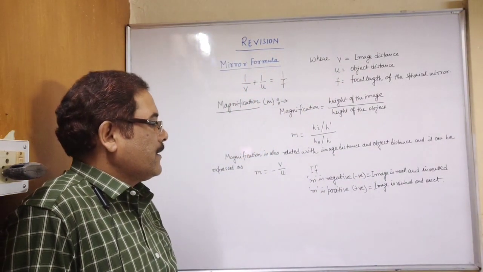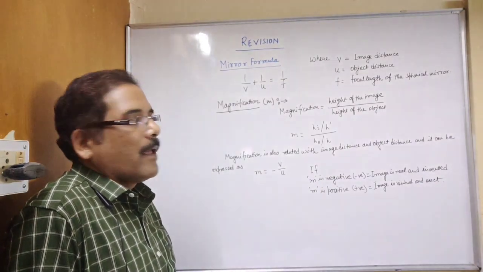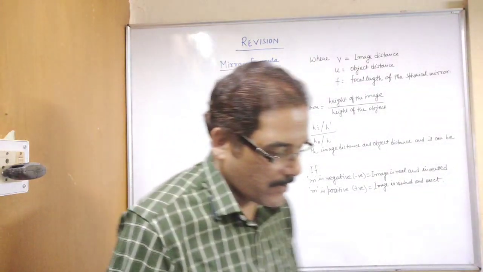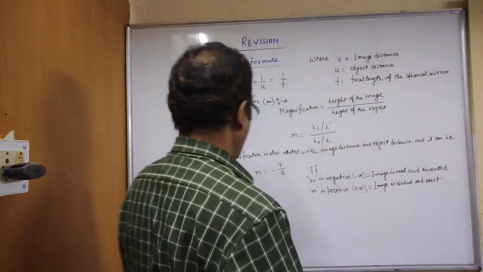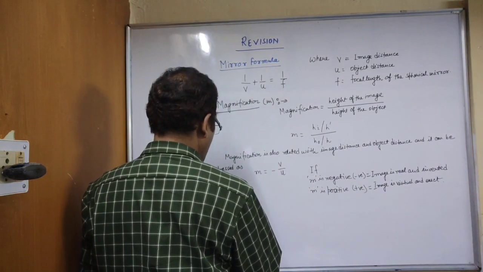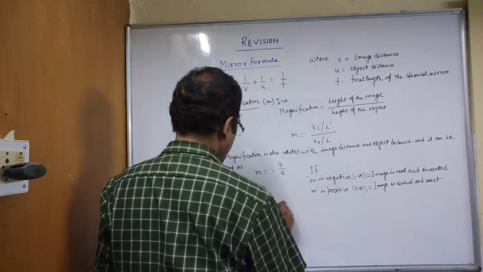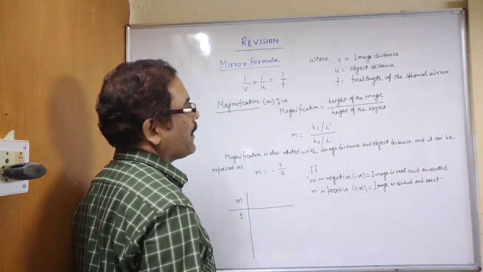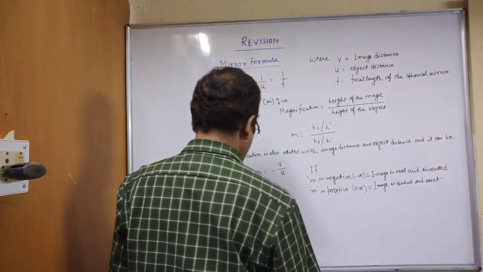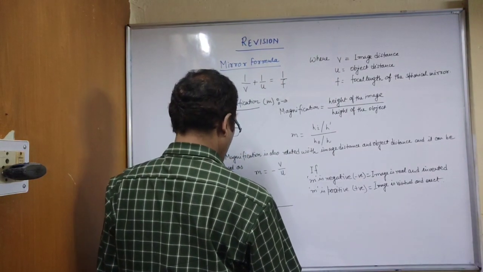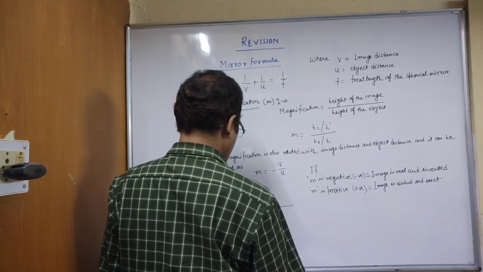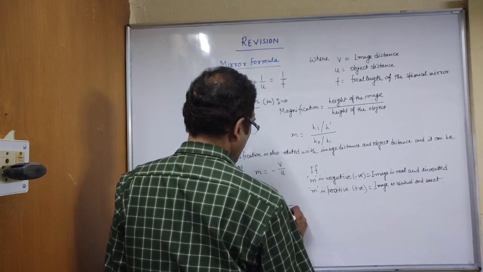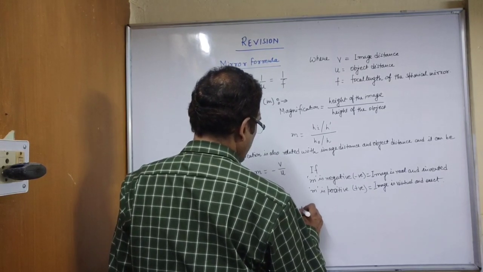Another important thing: if magnification is given as 1, it means the size of the image is equal to the size of the object.